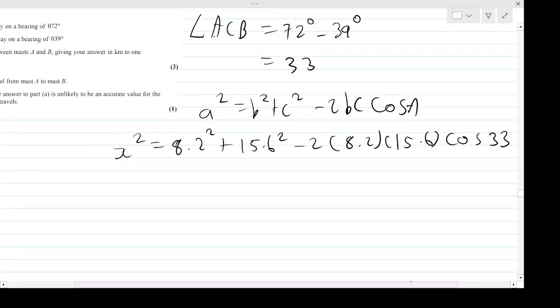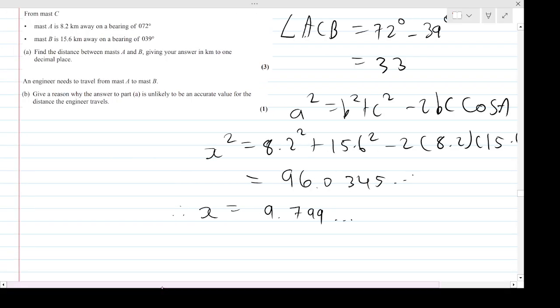Cool. So if I work all that out in the calculator, 8.2 squared add 15.6 squared minus 2 lots of 8.2 lots of 15.6 cosine of 33, I get 96.0345... Then I need to square root that to get x, which is 9.799... Does it say to round it to anything?